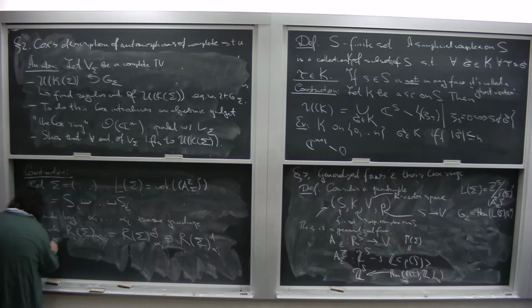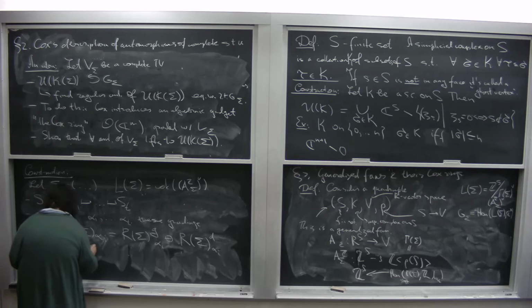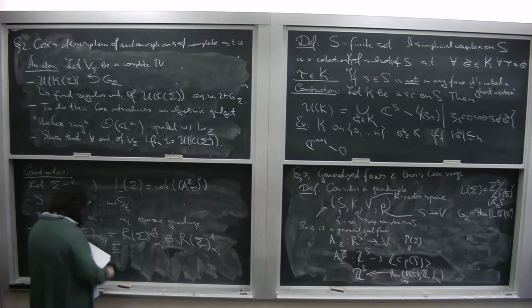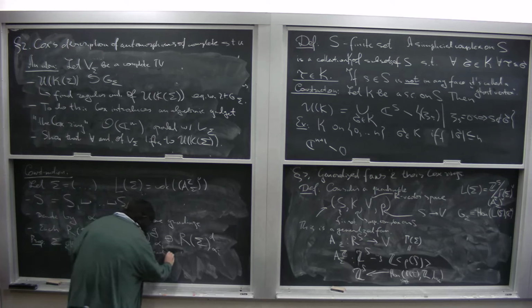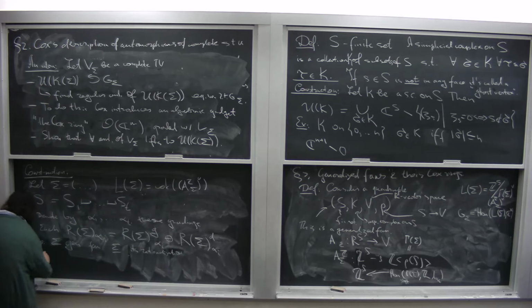So if sigma is a generalized fan and sigma bar is its rationalization, then we can define the set P alpha.